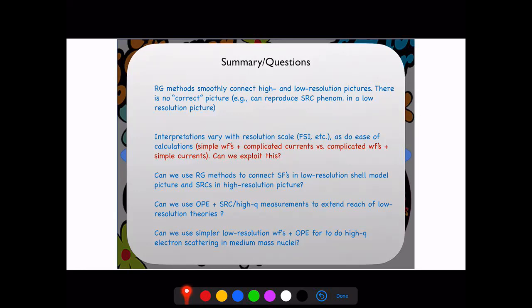In that sense, viewing the inclusive ratios is, to me, vaguely disappointing, because you get the same results no matter what you use, and so you really haven't learned anything. Whereas with more exclusive processes, from talking to you and others, you can see some noticeable discrepancies depending on the nuclear force model that you're using.